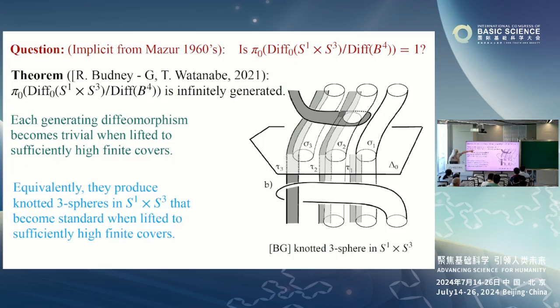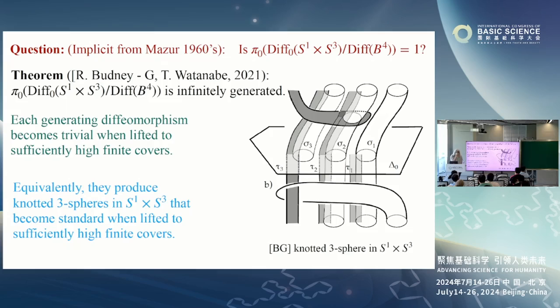So there's a quotient by Diff B4, because for diffeomorphisms of S1 cross S3, off in some corner I modify it. Well, that's really interesting, but there are no implications for the Schoenflies problem. So you must mod out by those.